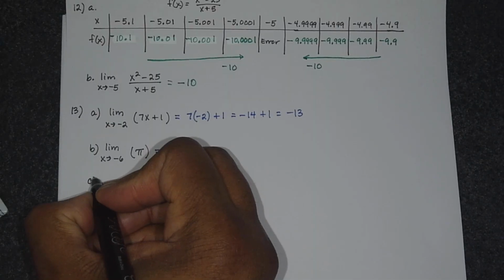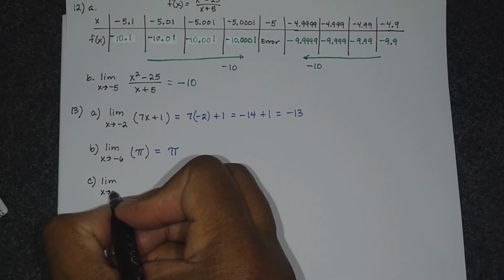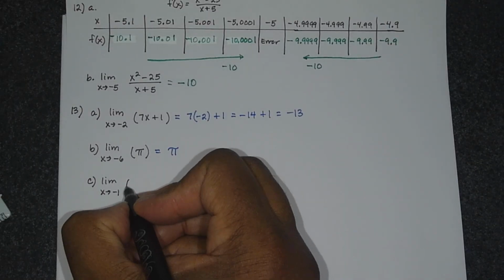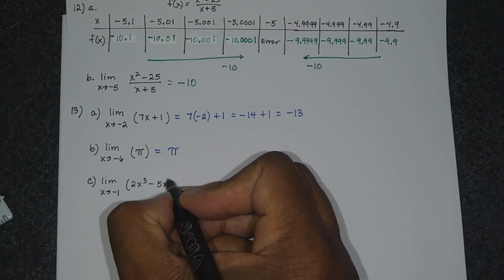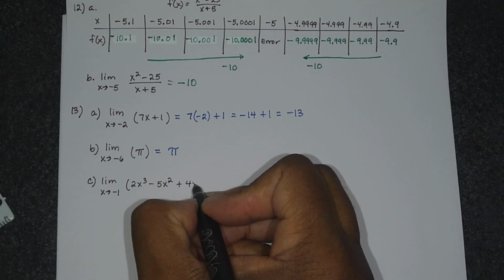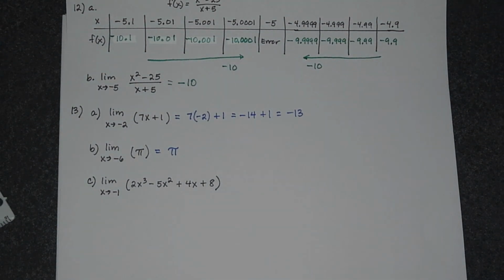Part C. Limit as x approaches negative 1 of 2x cubed minus 5x squared plus 4x plus 8. And I want to find its limit.